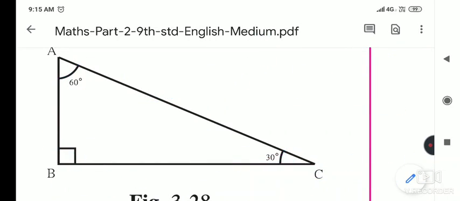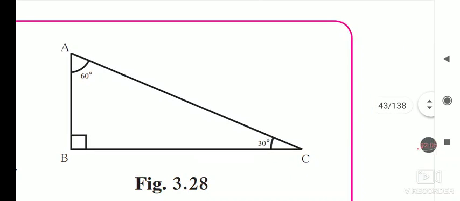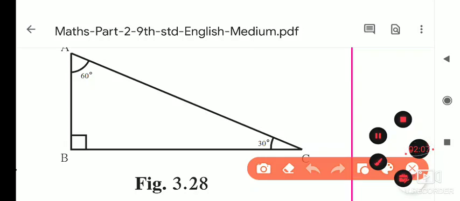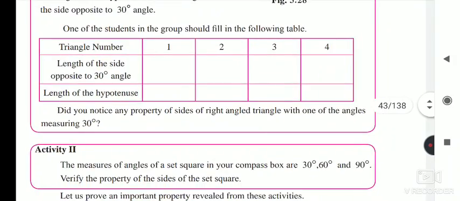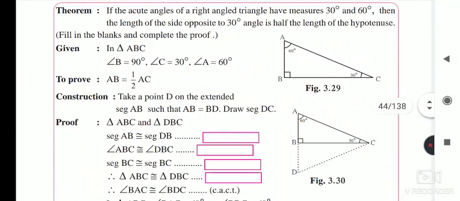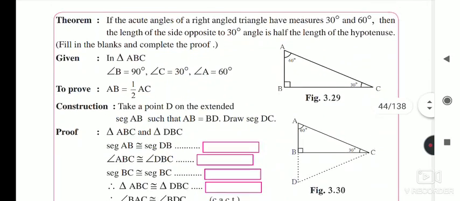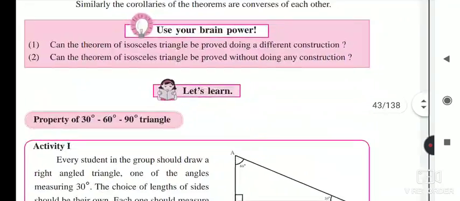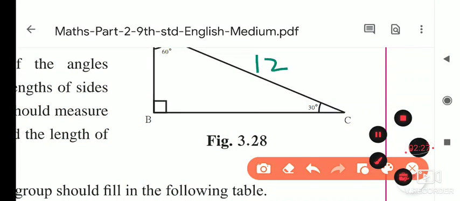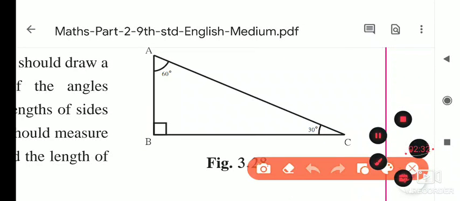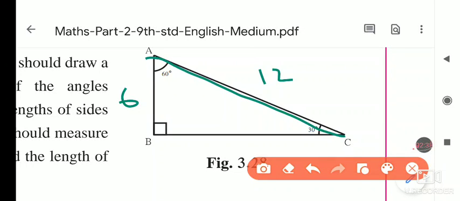When you draw this triangle and measure all the sides, you will notice that the side opposite to 30 degrees is half of the hypotenuse. Suppose AC is equal to 12, then AB is equal to 6, because it is opposite to 30 degrees. If AC is 14, AB is equal to 7.